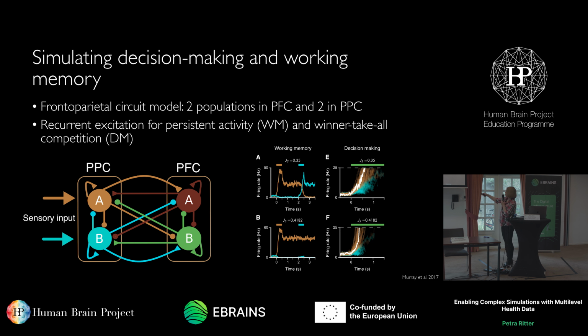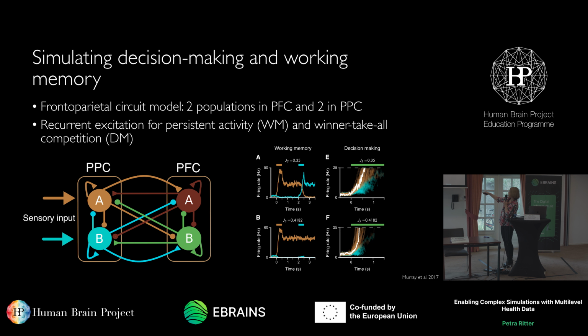So here for the working memory scenario, we have one stimulus that implants a working memory in our brain, and this leads to high activity in population A, so a high attractor state. Then comes a distracting stimulus, as you can see here.